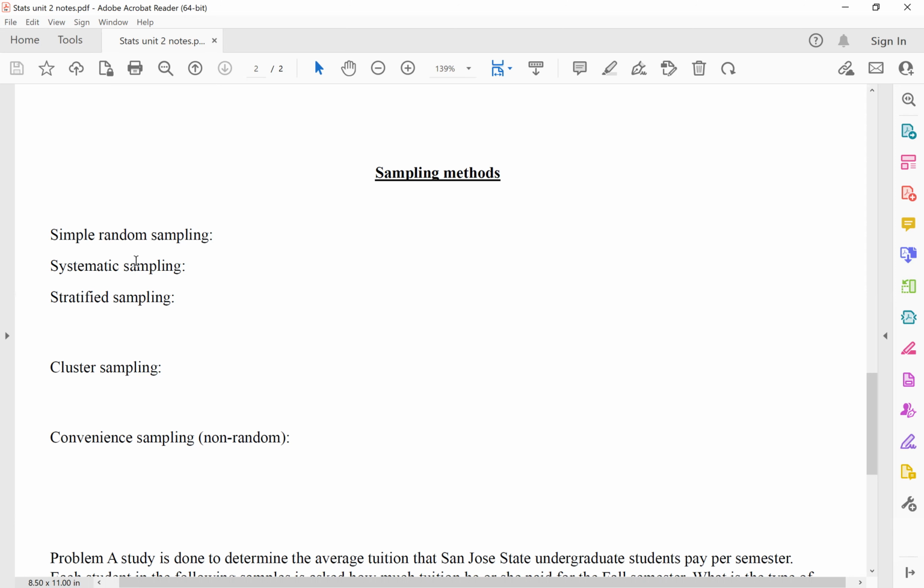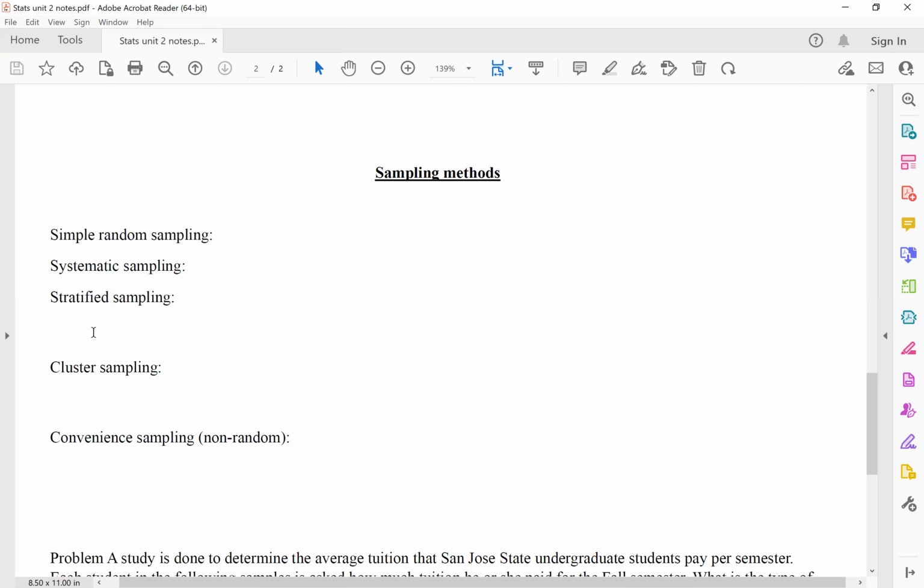Because I don't know these people, I randomly select a starting point, and then I keep on getting the nth place from my list. Notice how I said every 20th, or what if I said every 30th? I come up with the system. So we call that systematic sampling.